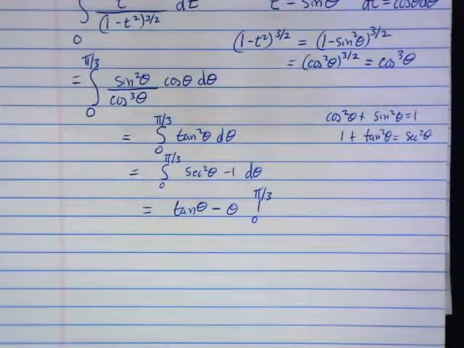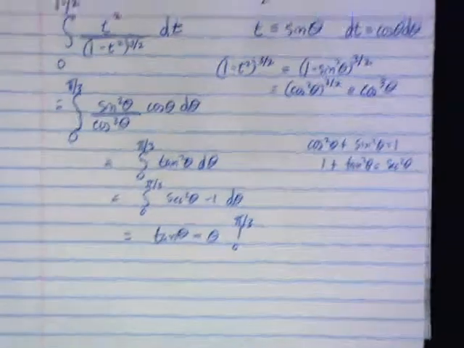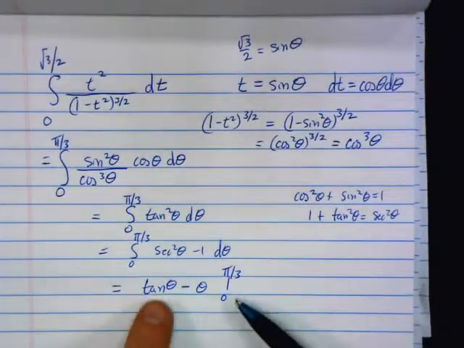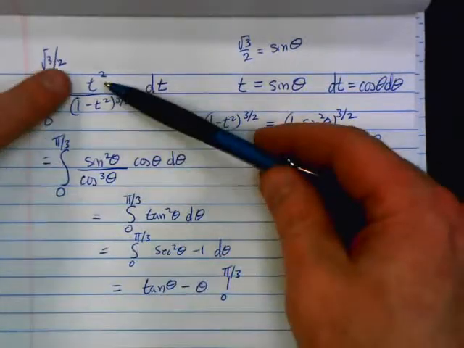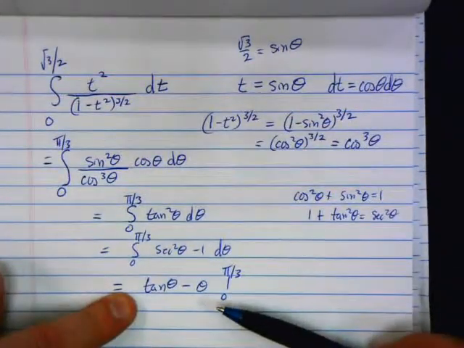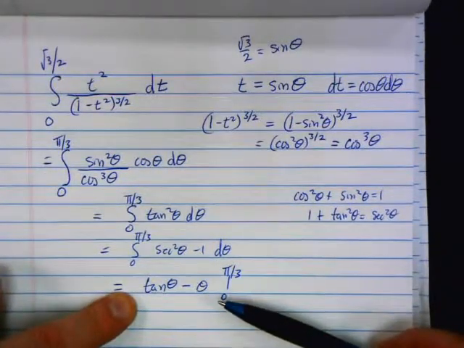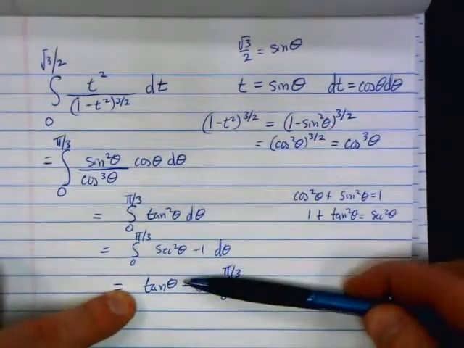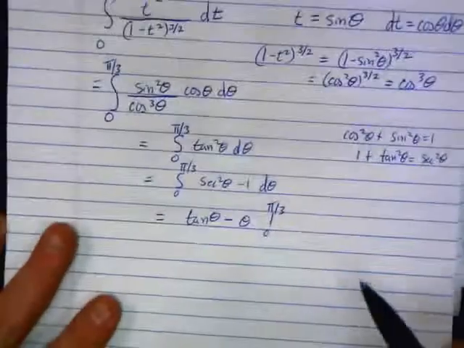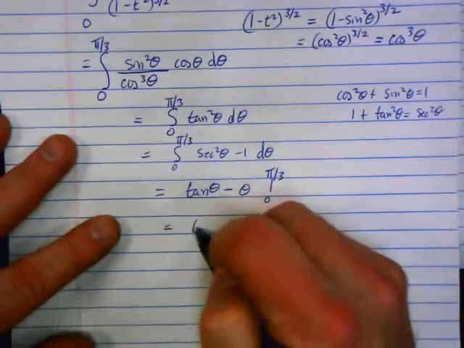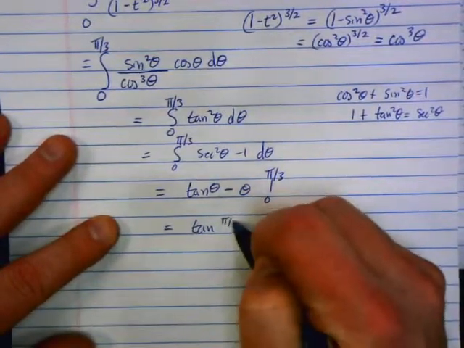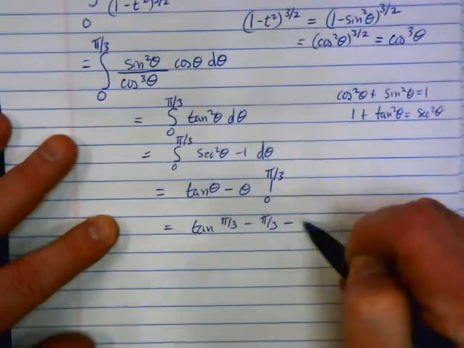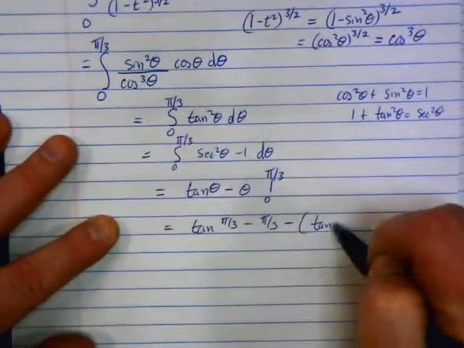Now, I'm seeing on quizzes and homeworks and things still, there are some people who are absolutely insisting on, at this point, plugging the t's back in. You don't plug the t's back in. This is the whole reason for changing the numbers. When you get to this point, all you got to do is plug the numbers back in. So, this is tangent of pi over 3 minus pi over 3 minus tangent of 0 minus 0.